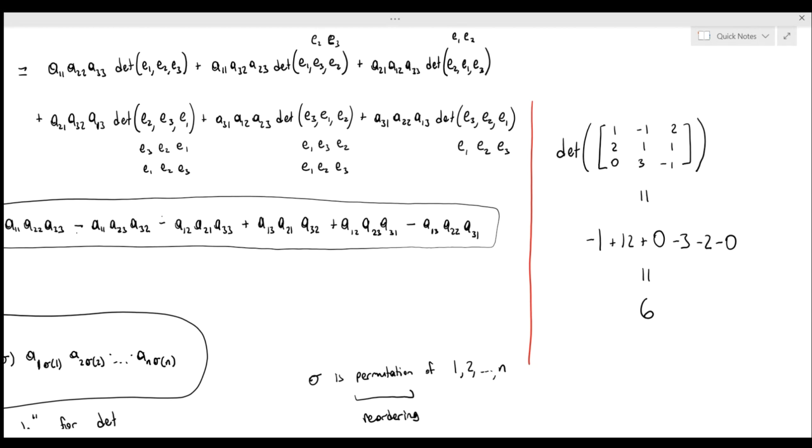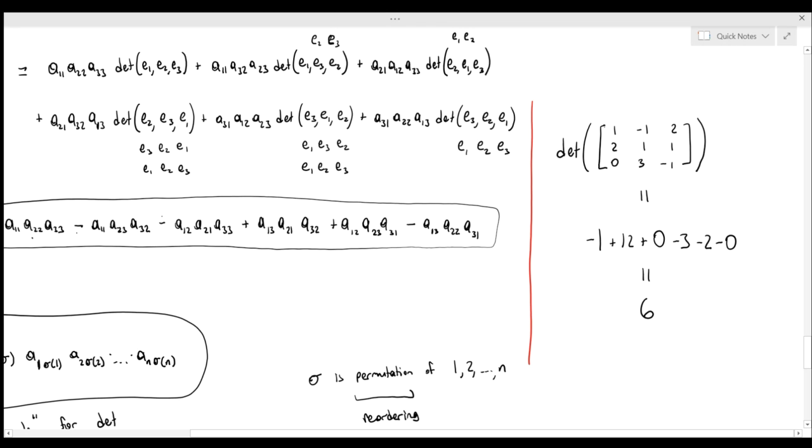Now I'll make a small comment, at least for the 3x3 case. If you go back and check the first 3 terms that we did, the ones that had a plus sign in front of them, those 3 correspond to multiplying these 3, and then these 3, and then these 3, which gave us this one.